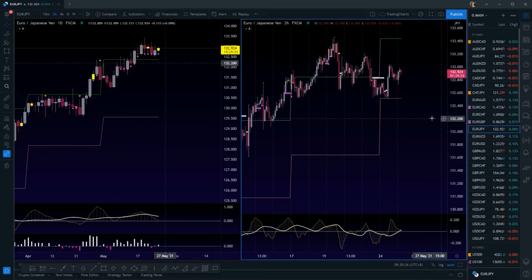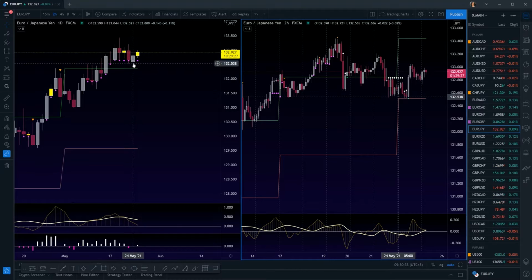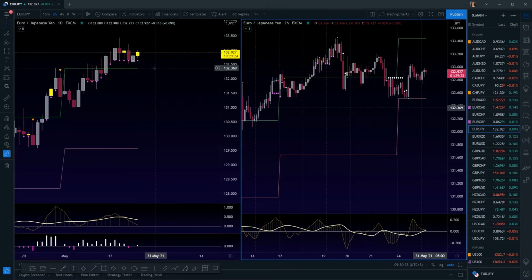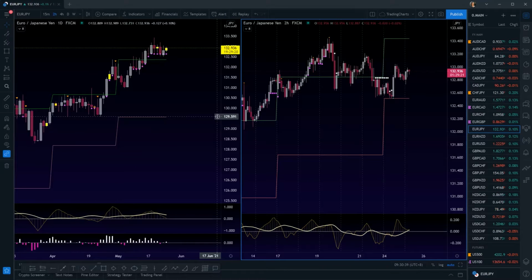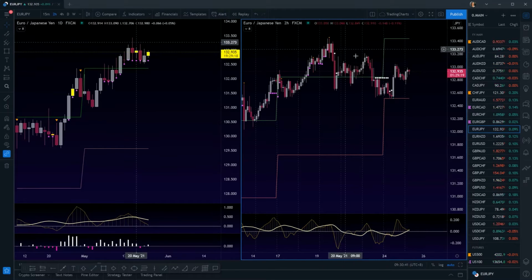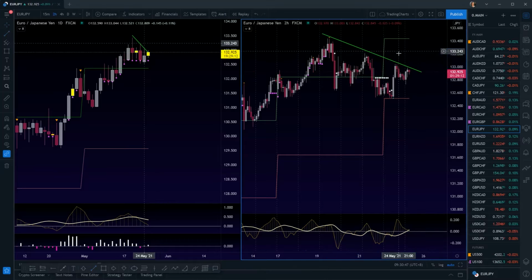Euro Yen on the daily. Oh, it tried to come down and went up, so not ready to really push down yet. You can see the lower highs, right? We got the lower highs. It's quite nice there.